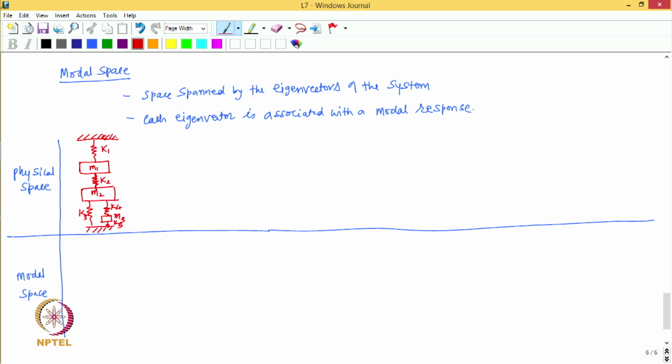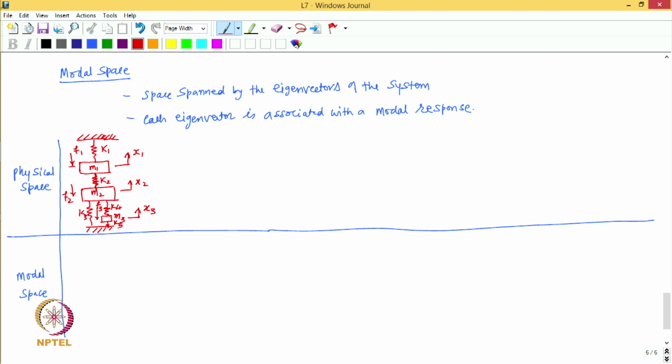Actually we have a 3 degree of freedom system, and what are the degrees of freedom here? Say x1, x2 and this third mass has degree of freedom x3, and then you may have forces acting on it. So, let us say this is F1, F2 and on this mass you may have the force F3.